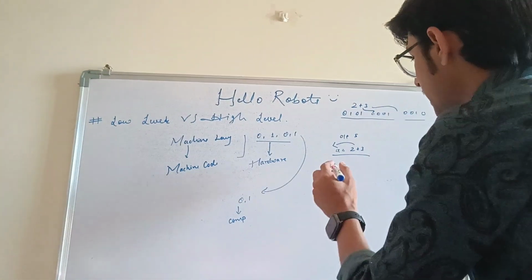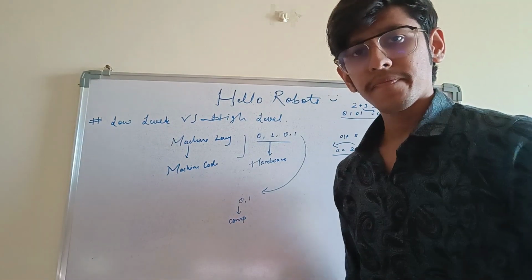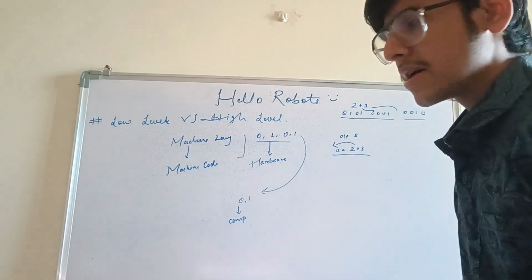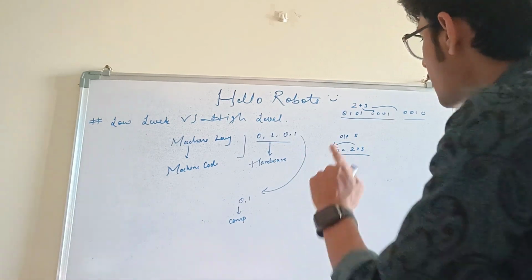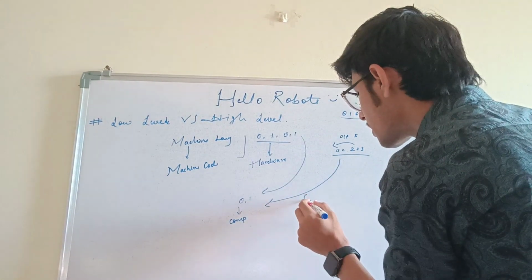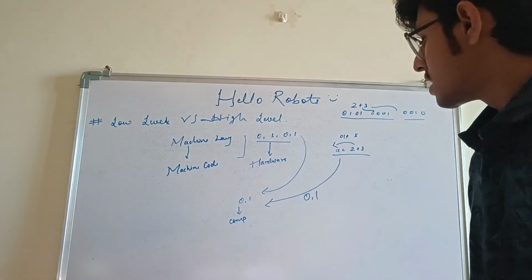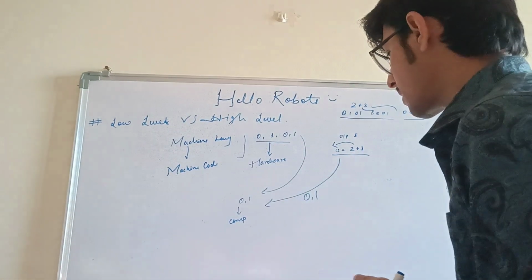If I am writing this A equals 2 plus 3, I can write it on another system as well. That is a benefit. Now let's focus on the disadvantage. You have to convert this 2 plus 3 into the computer form. It means zeros and ones. So it will take some memory. It will take some time in conversion.